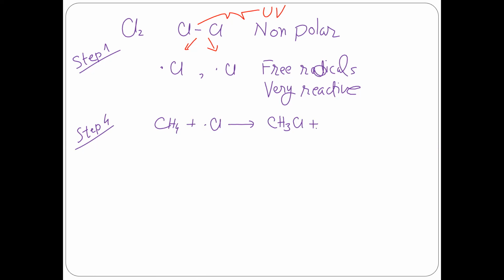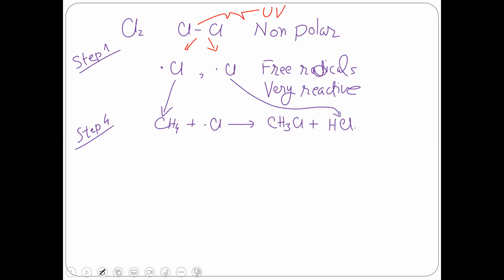It's just like in a class, one guy, a bit powerful, a bit healthy, can displace a bit weaker student, and he says, I will sit here. So chlorine gets into methane and kicks out a hydrogen. The hydrogen which comes out combines with chlorine to form HCl. There are two chlorine actually. One chlorine goes into the molecule and one chlorine gets to the exiting hydrogen and forms HCl.